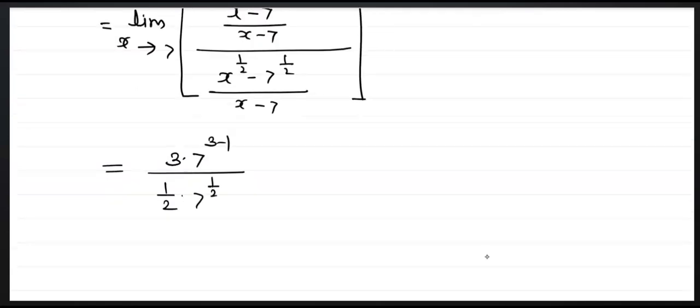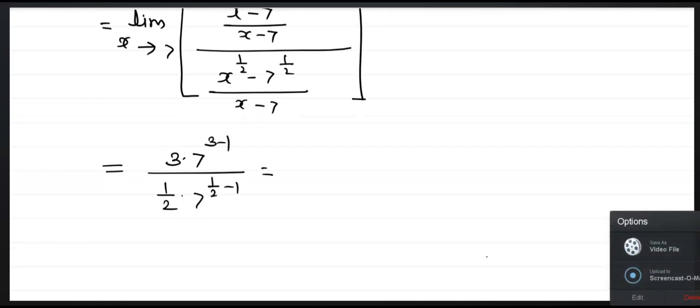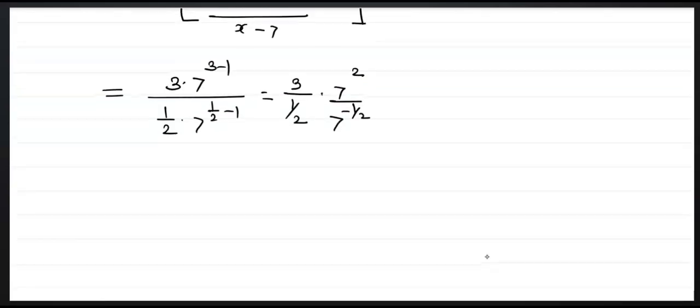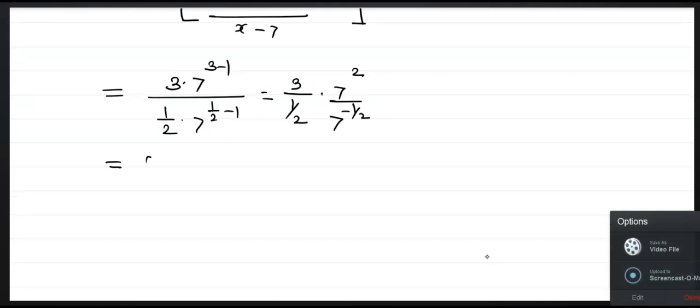Now here we will apply the formula, that is equal to 3 into 7 raised to 3 minus 1 upon 1 upon 2 into 7 raised to 1 upon 2. Therefore next is simplification.